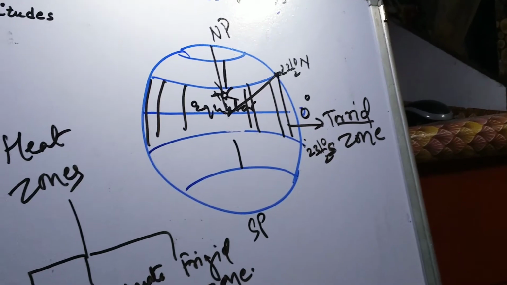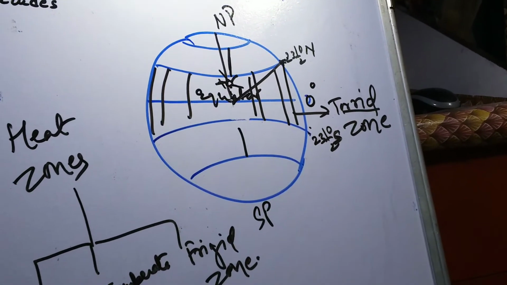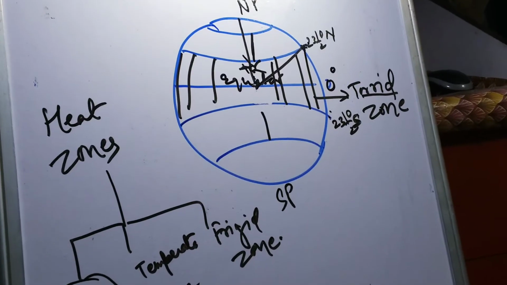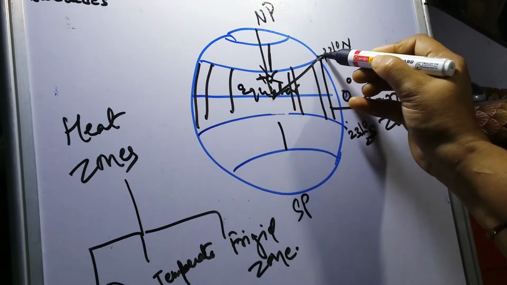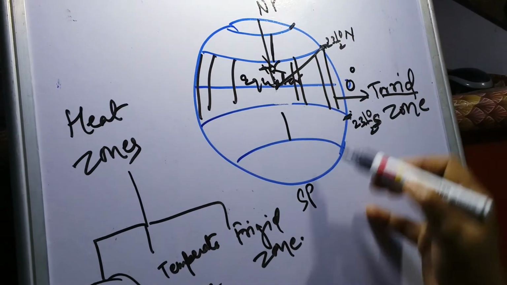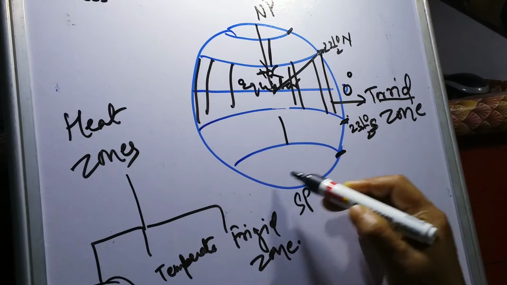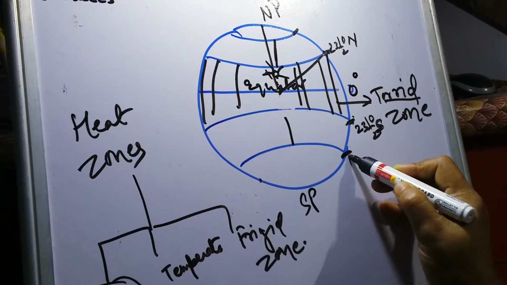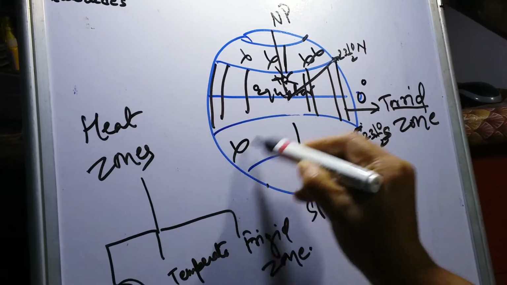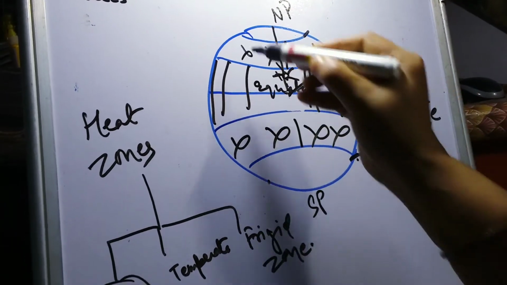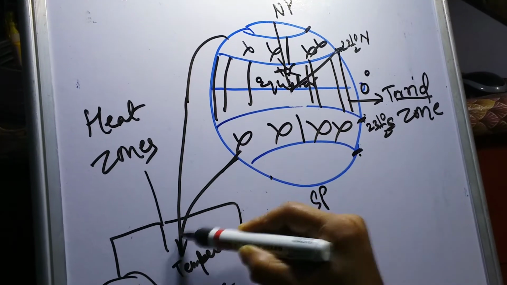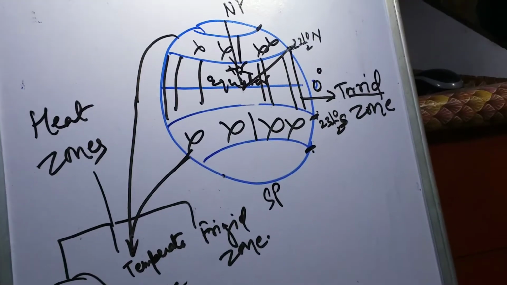So what is the limit of this zone? Area limit. It lies between Tropic of Cancer and Arctic Circle. This is Tropic of Cancer and this is Arctic Circle. This is Tropic of Capricorn and this is your Antarctic Circle. So this area and this area lie in the temperate zone, right?